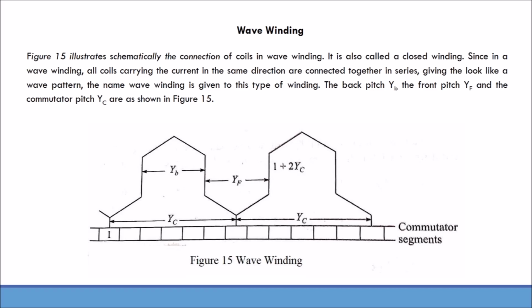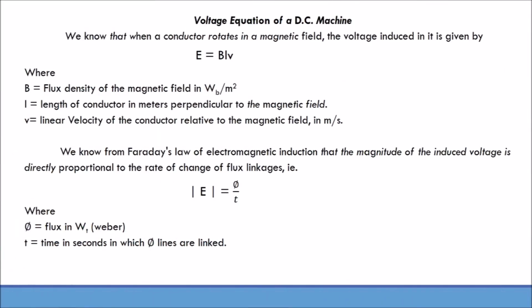So that is why, when all the coils together generate voltage, then we can mathematically deduce the equation which can be termed as the voltage equation of a DC machine.